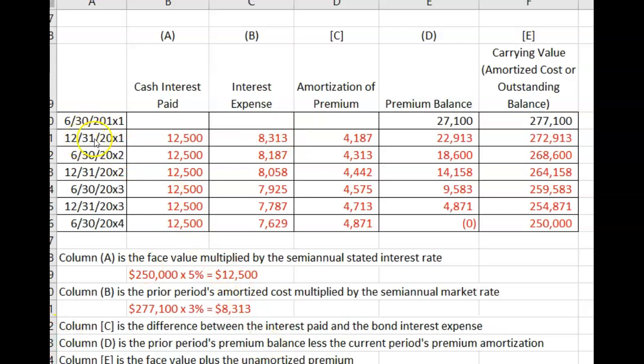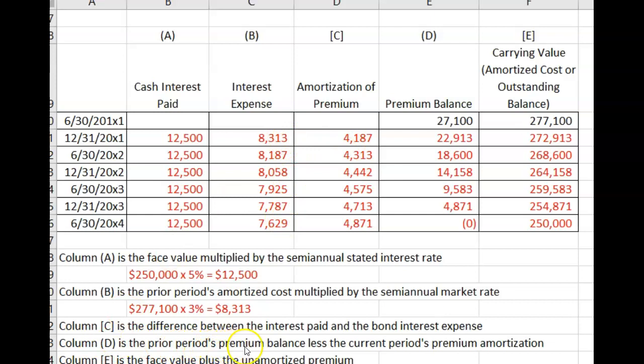For the December 31st X1 interest expense calculation, $277,100 was the prior carrying value or amortized cost, times 3%, which is 1/2 of the market interest rate, equals $8,313. Because the carrying value will change with every payment, the interest expense will also change with every payment.